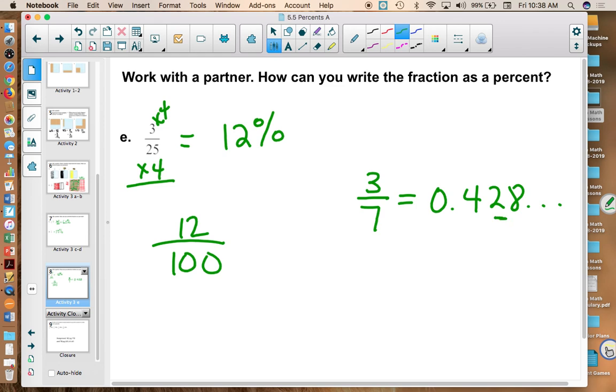Isn't this the 100th place? So I need to round for my percentage to the nearest 100th. So my percentage then is, okay? All right.